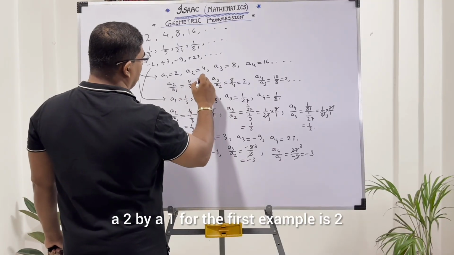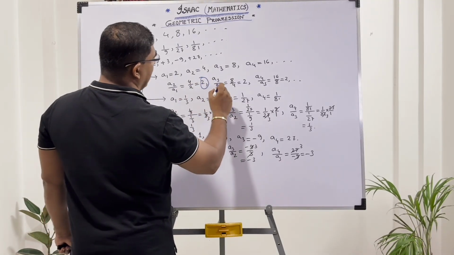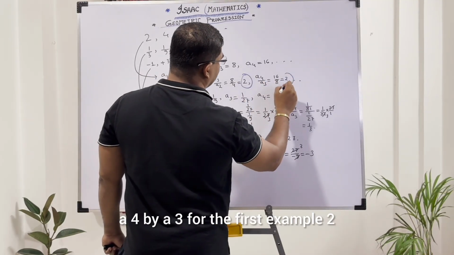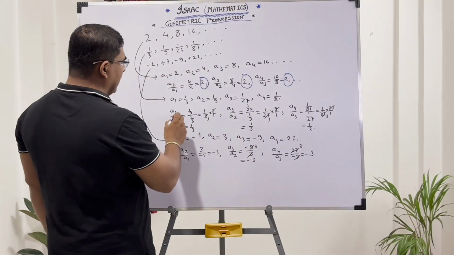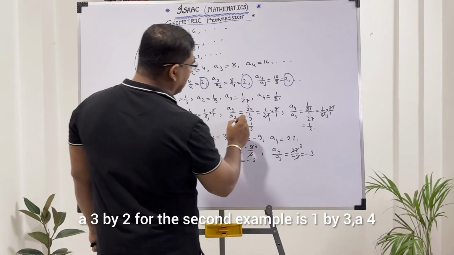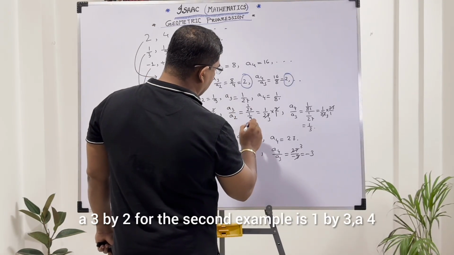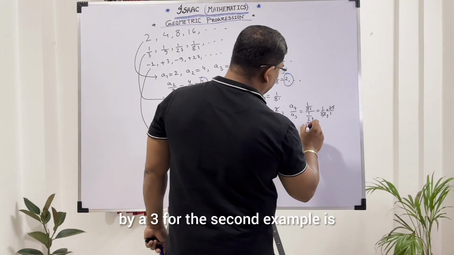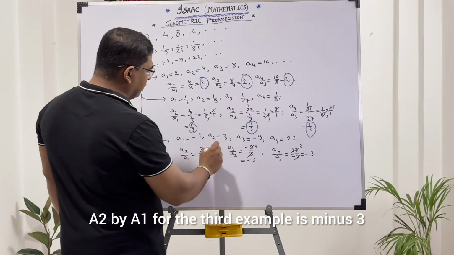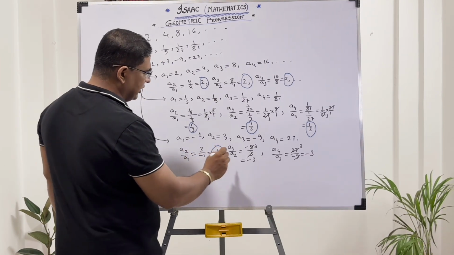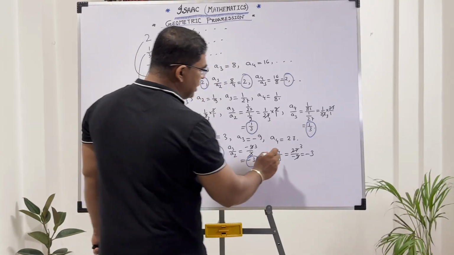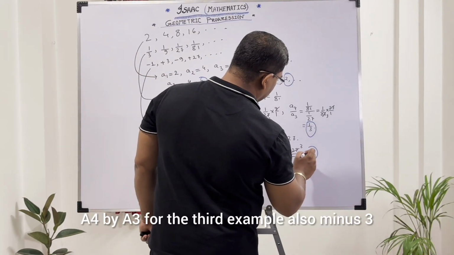A2 by A1 for the first example is 2, A3 by A2 for the first example is 2, A4 by A3 for the first example is 2, A2 by A1 for the second example is 1 by 3, A3 by A2 for the second example is 1 by 3, A4 by A3 for the second example is 1 by 3. A2 by A1 for the third example is minus 3. A3 by A2 for the third example is minus 3. A4 by A3 for the third example is also minus 3.